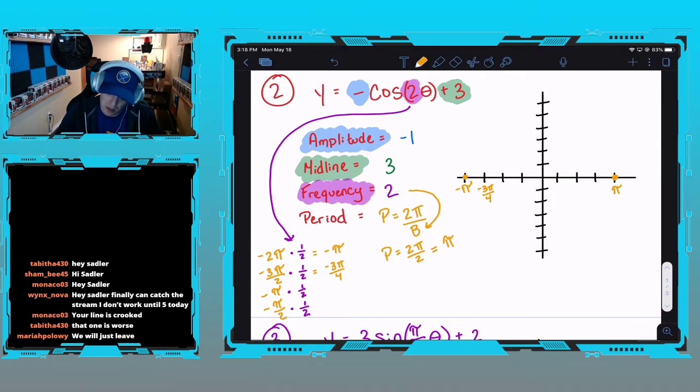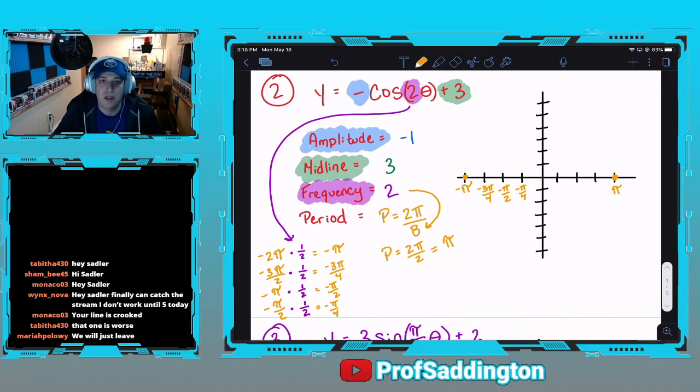The next one is going to just be negative pi over 2. And the last one is going to be negative pi over 4. So these are the new values that are popping up on our x-axis.